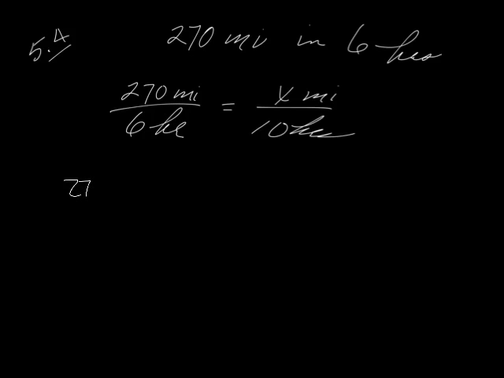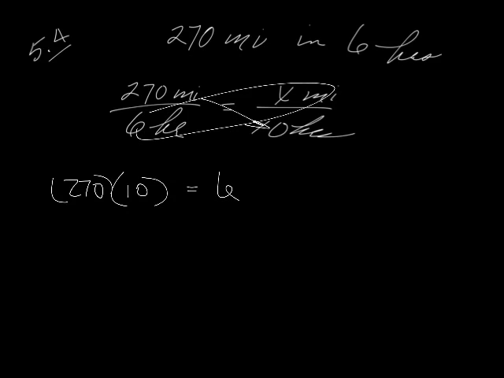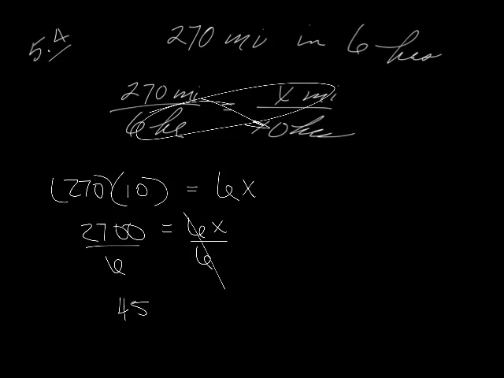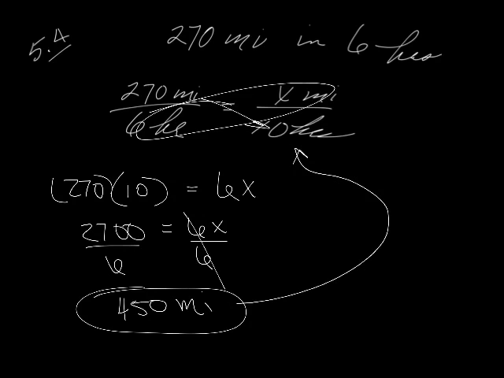We're going to take 270 times our 10, so we're going this way, and that equals 6 times our x. So 2700 equals 6x. Divide by 6 to get rid of that one, and we end up with 2700 divided by 6, which is 450 miles. So that's how far she's going to actually go in 10 hours if she's going 270 miles in 6 hours.